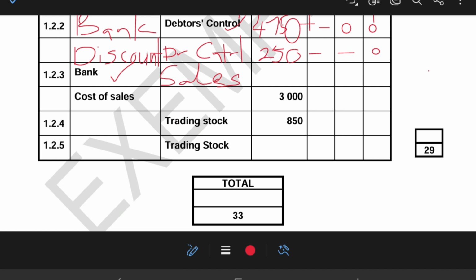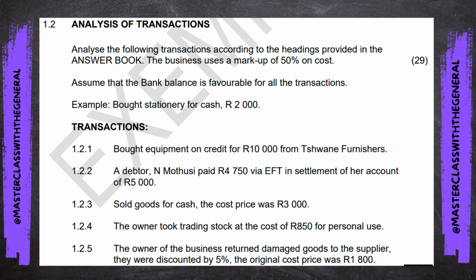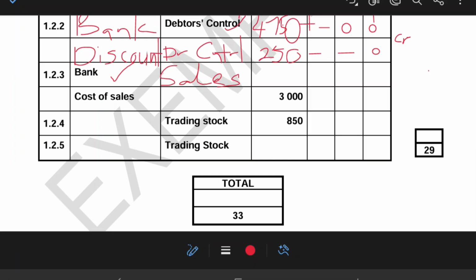And how much are we recording the sale for? Because according to our transaction, we are told the cost price was 3,000. We are not told about the selling price. So we need to work out something here. Remember, we were told in the question that our markup on cost is 50%. But let's start with our cost price. We know, guys, that cost price will always be equal to 100%.